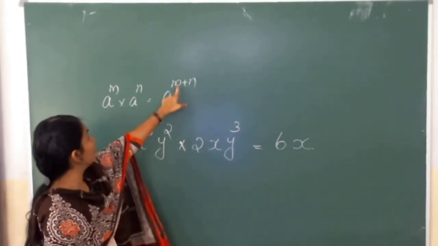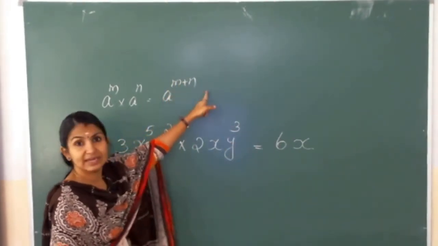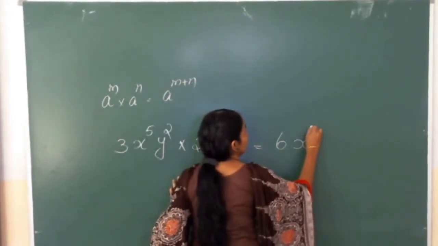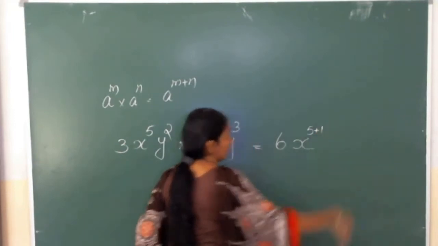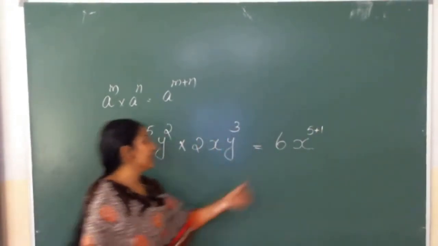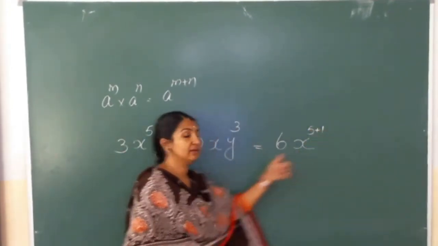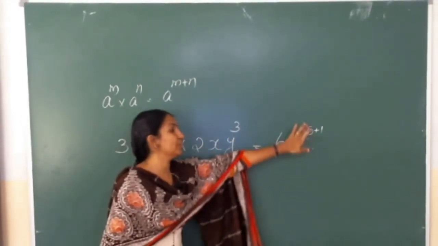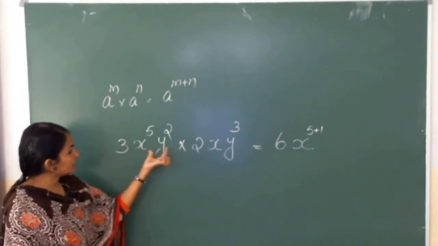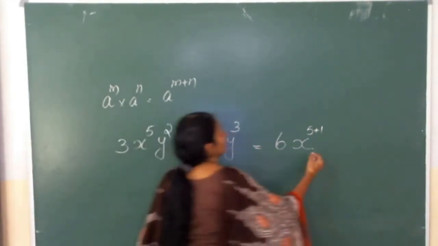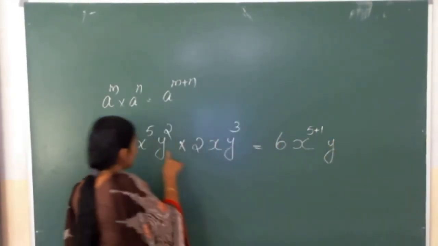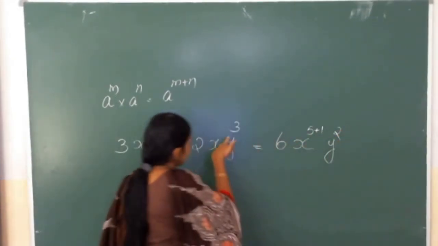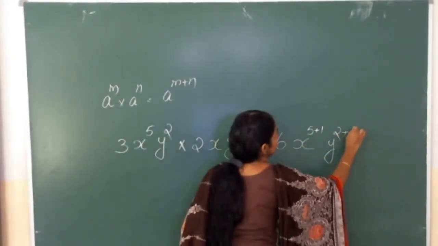So we should add them, m plus n. So this 5 plus 1, meaning a raised to m into a raised to n is equal to a raised to m plus n. We wrote that. Now the next one is y. Here the power is 2 and there 3, so 2 plus 3.